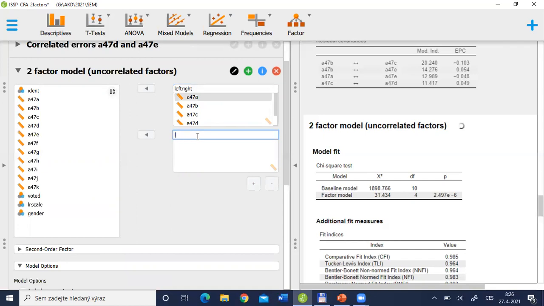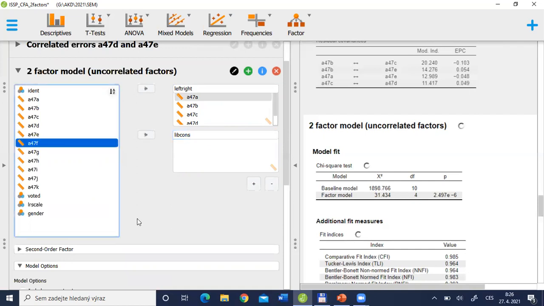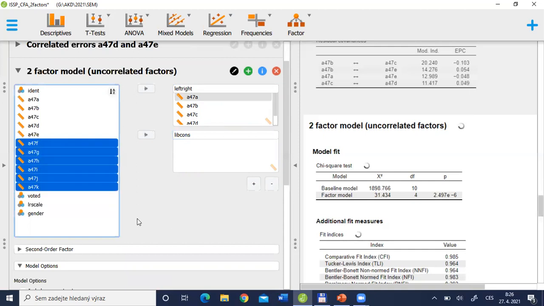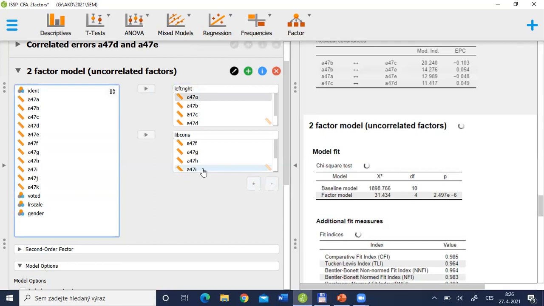So I would call it libcons, liberal conservative. And I would need to move variables A47F up to A47K. So if I move all these variables into the second factor, in a few seconds, maybe more seconds on my computer, I would get results for this model with 2 uncorrelated factors, left-right and liberal conservative.